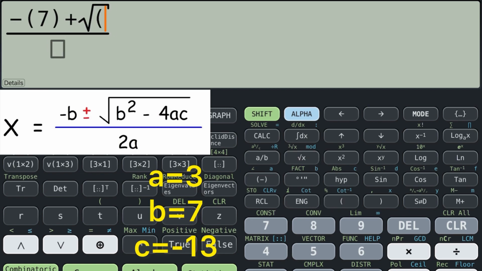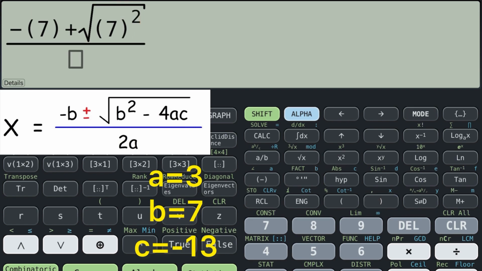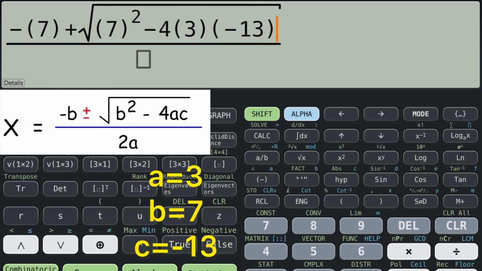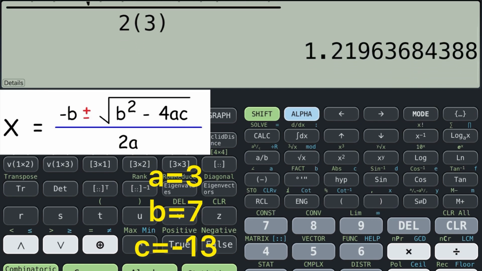First write brackets, because whatever number you're substituting, always write it in brackets. Take away 4 lots of a and c. So a was 3, and c was minus 13. Now we go down and do 2a, so 2 lots of 3.